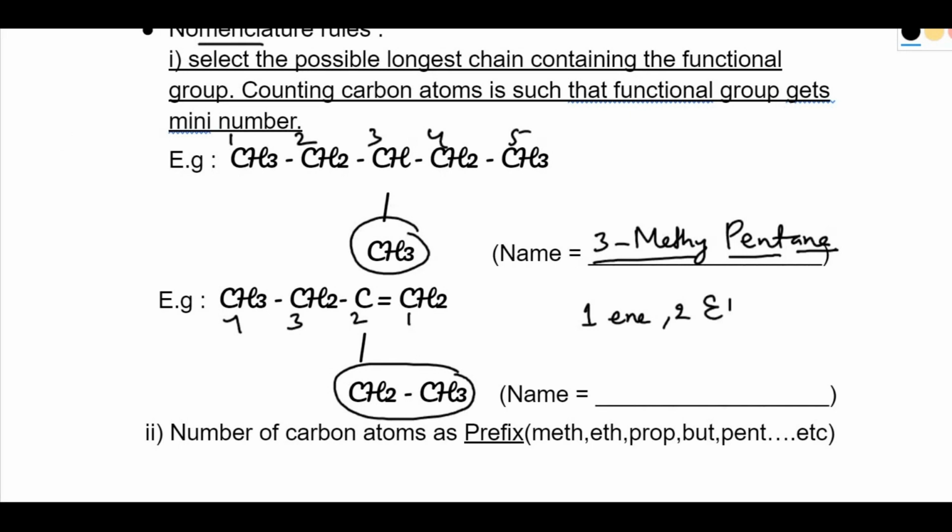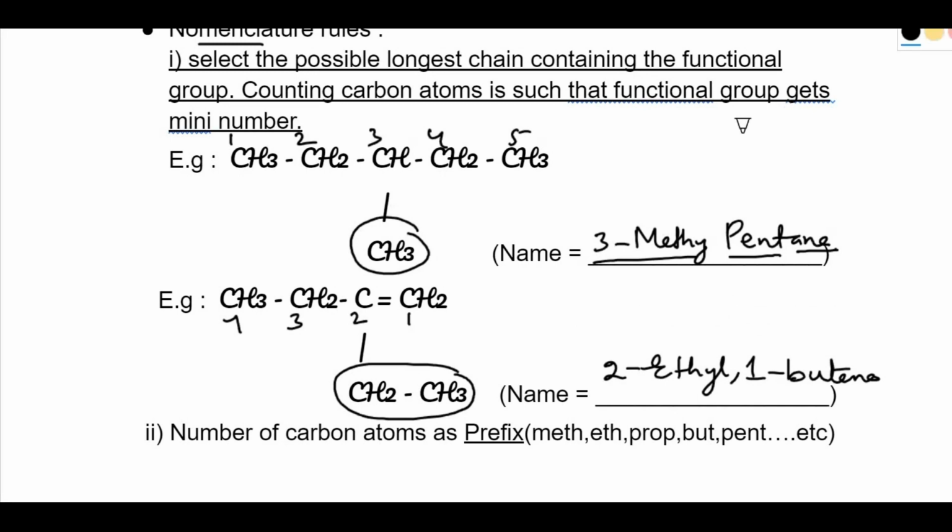So 2-ethyl, and 4 carbon atoms in one line. So you can call it butane, or we can call it 2-ethylbutene. Oh, we can do this: 2-ethyl-1-butene. You can do this. Okay. So that's how we do the IUPAC naming of the compound.